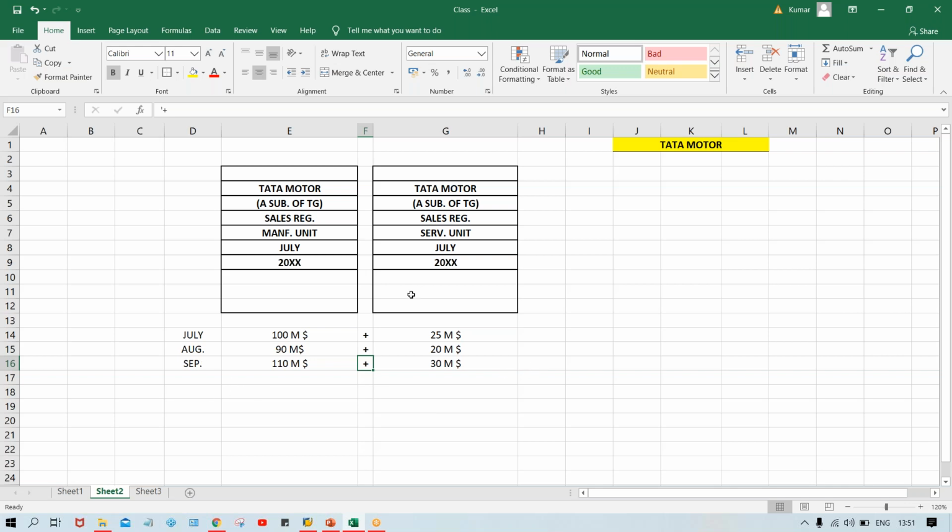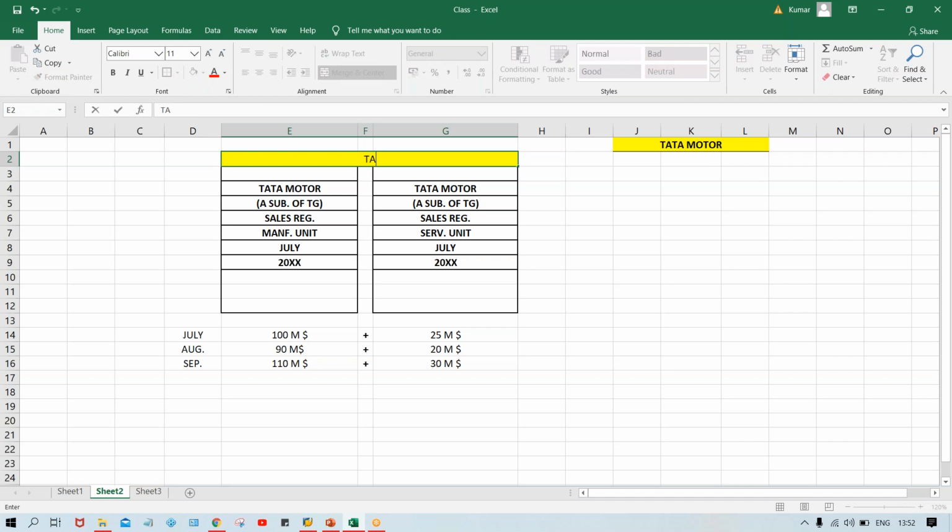So now, for July month, if they want it at Tata Motor level, I'll make it like this. This is for Tata Motor.